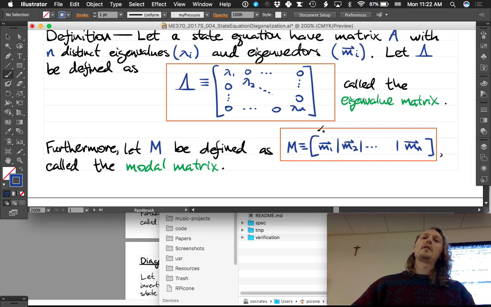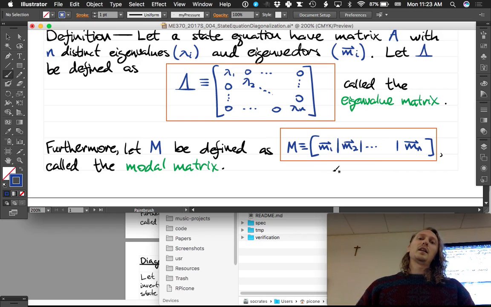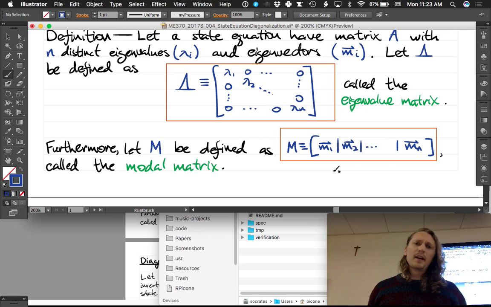And so we have here another n by n matrix, okay? There are going to be n values in each vector, so each column is going to have n values, and then it's going to be n vectors. So these are two matrices, the eigenvalue matrix lambda and the eigenvector matrix M, okay?